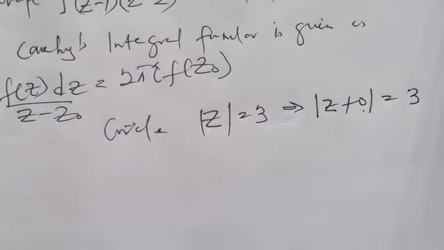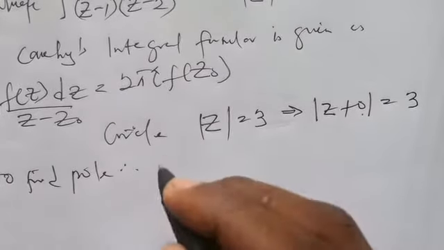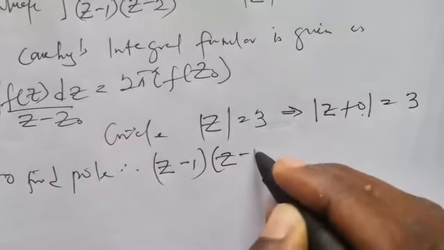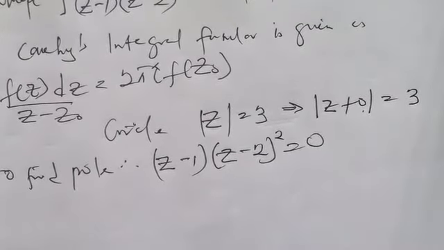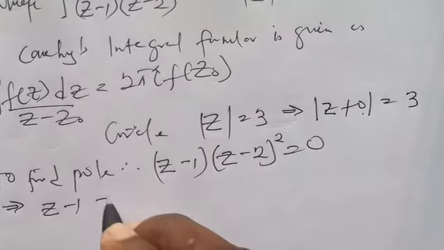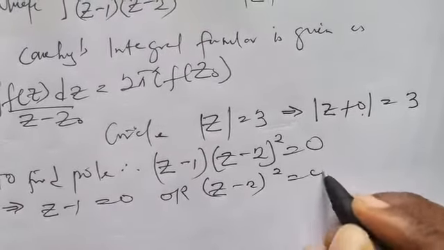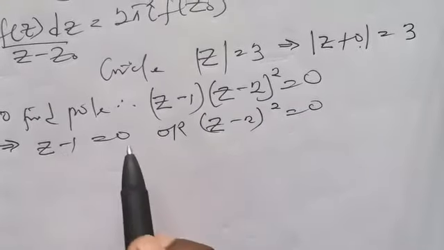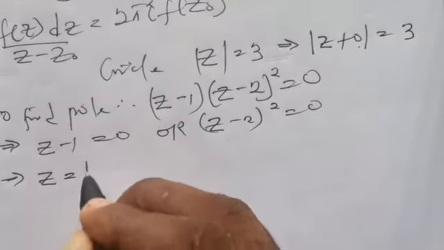To find the poles, we put (z − 1)(z − 2)² equal to 0. So we simply equate the denominator to 0. This implies that z − 1 = 0, or (z − 2)² = 0. If z − 1 = 0, you send −1 over to the other side, and this implies that z = 1.